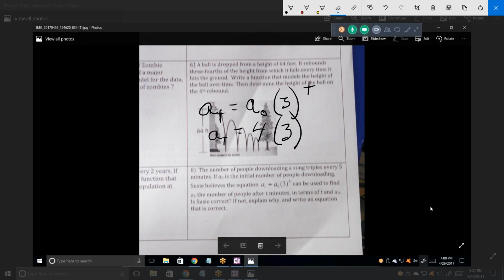Well, actually, it's asking if not, explain why. Is 5t correct? Let's examine it. When t is 5, no, it's t over 5. That's what it is. It's t divided by 5.